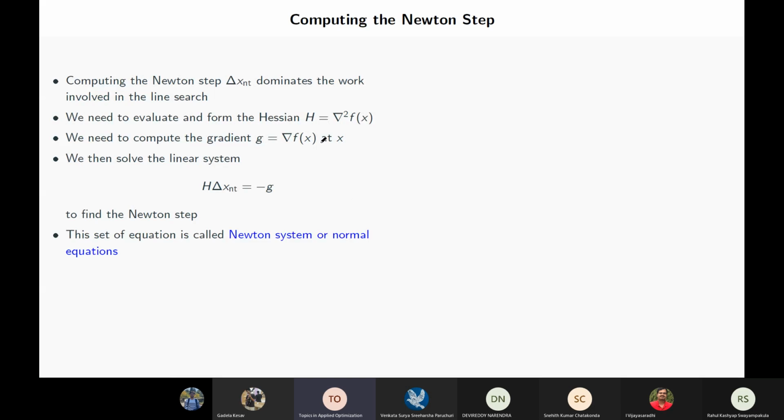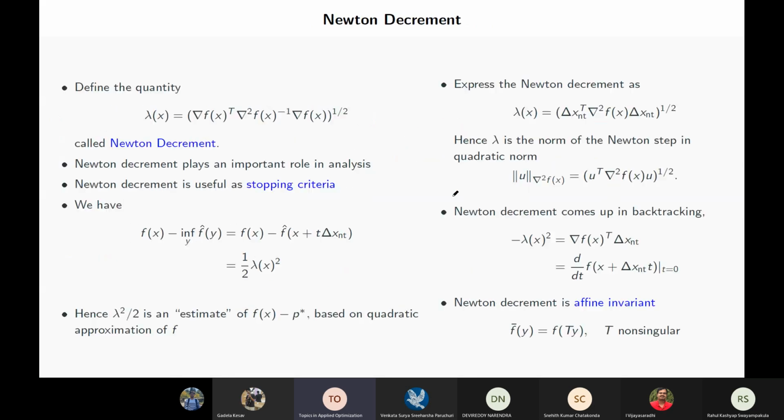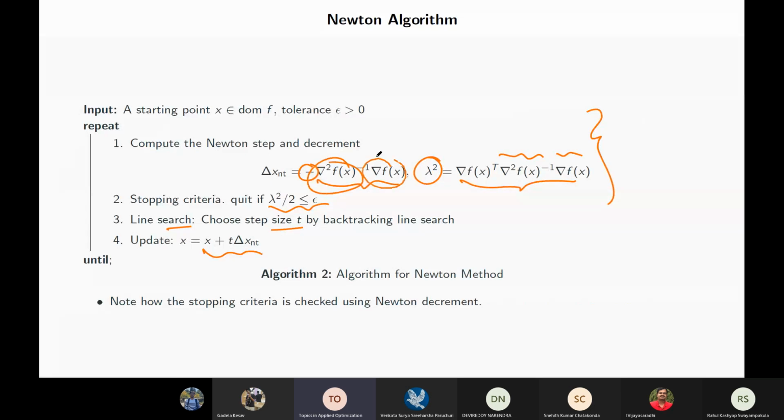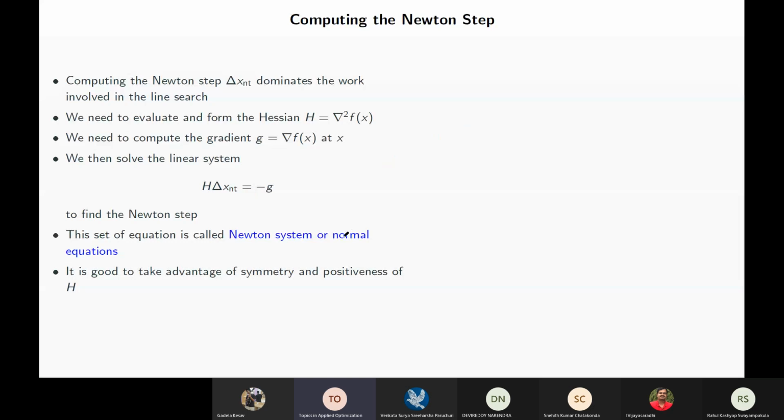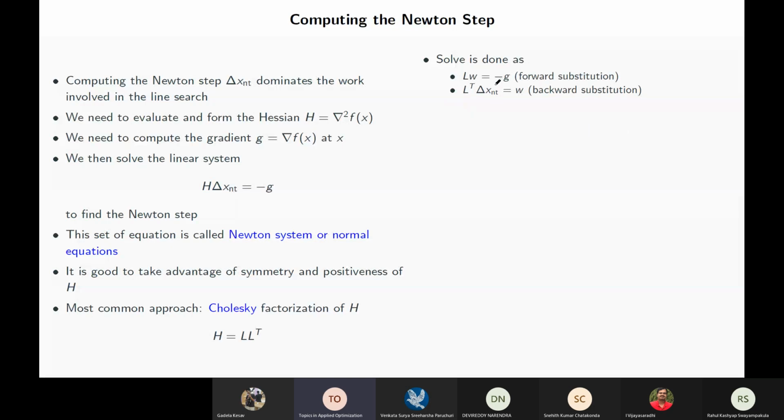As I said before, in the Newton method you need to solve systems like this. Remember, the Newton step del x nt is minus Hessian inverse times the gradient, right? So you need to solve a linear system. If it so happens that H is a symmetric matrix, then there are existing algorithms, the so-called Cholesky factorization, that can factorize it into L L transpose, and then you can solve this in two parts.